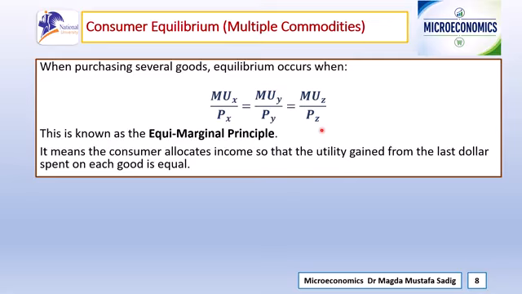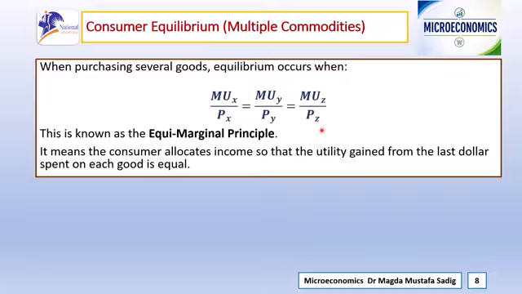Suppose you are deciding between books and coffee. If $1 spent on books provides more satisfaction than $1 spent on coffee, you should spend more on books. As you continue buying books, their marginal utility decreases.